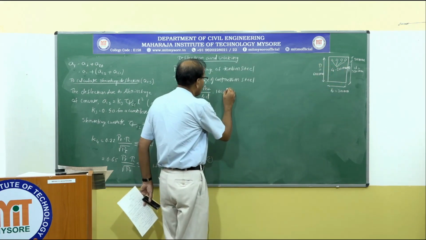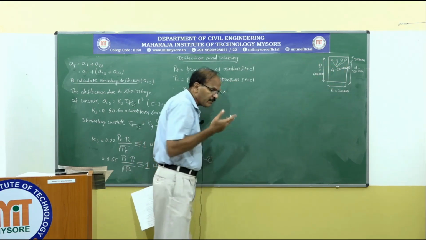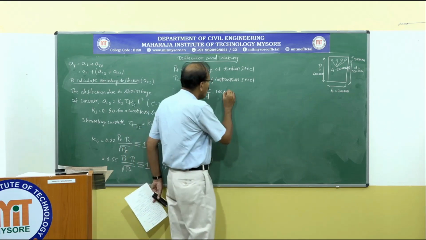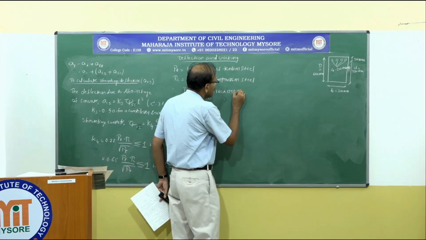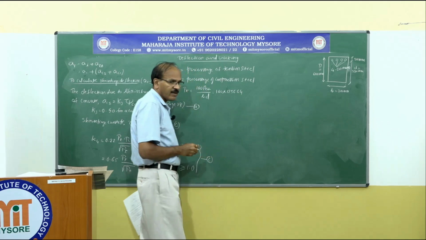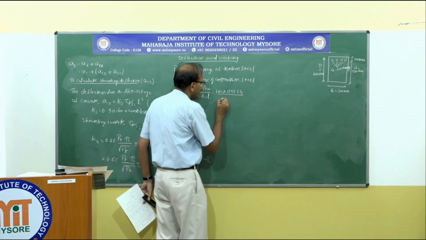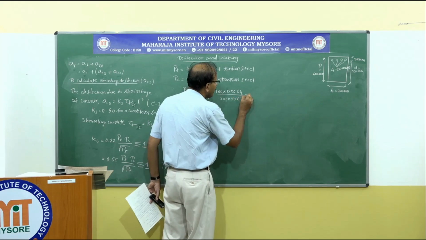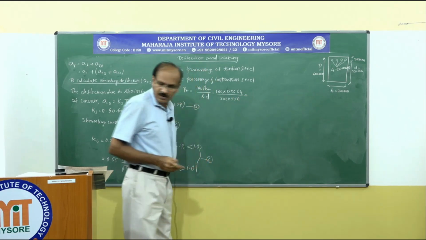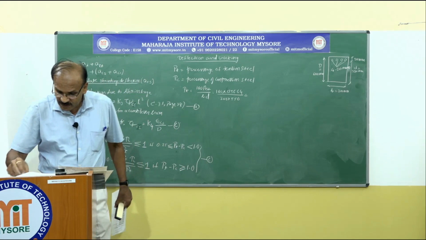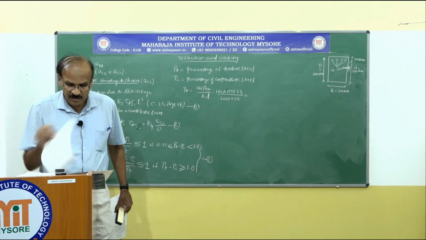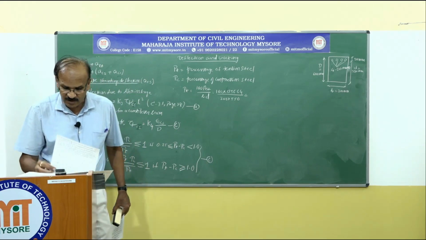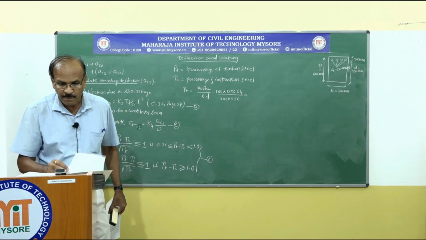That is 4 multiplied by pi by 4, 20 square, which is 1256.64, the area of steel, and B is 300 and the effective depth is 550.